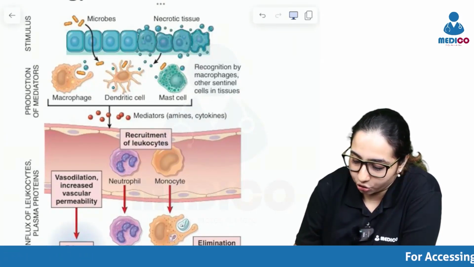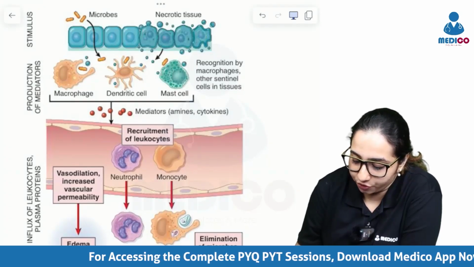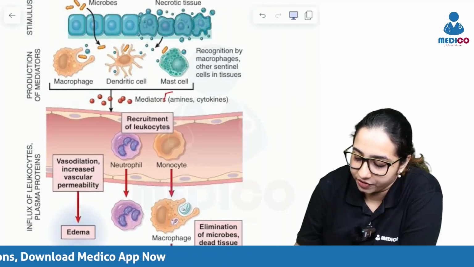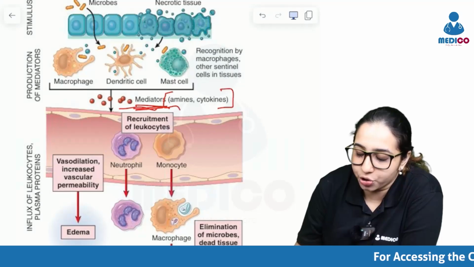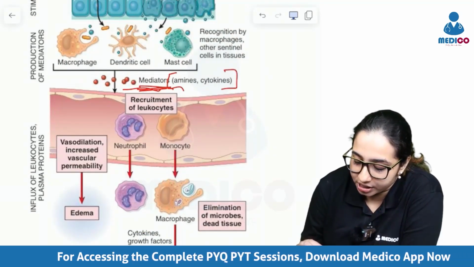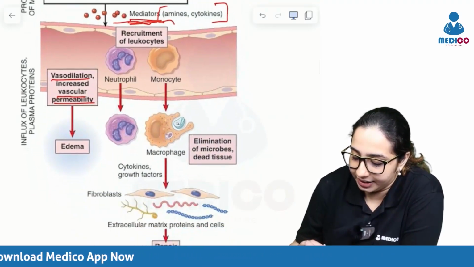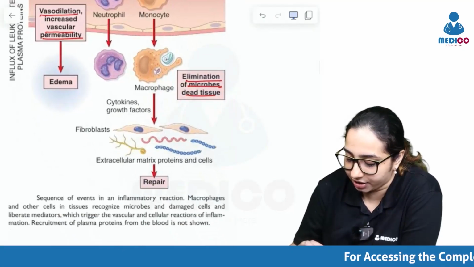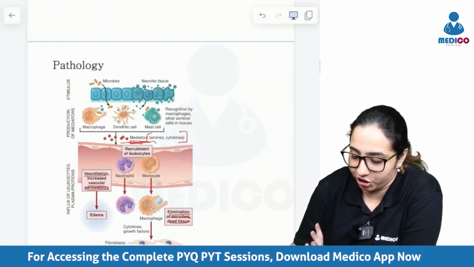Here you have a microbe, you have the initial cells, that is the macrophages, the dendritic cells, the mast cells. These come and give some sort of mediators. Mediators which recruit the leukocytes or the secondary cells, and that causes vasodilation, increased vascular permeability, and these cells come out, and then there is elimination of microbes and dead tissue. This is in a nutshell what is happening in inflammation.